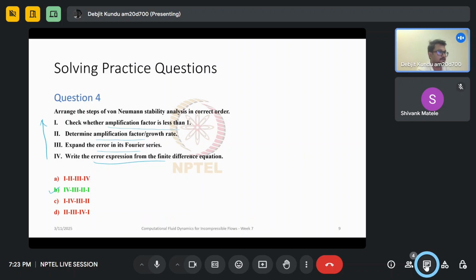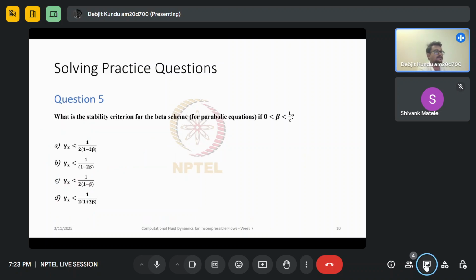Good. Now, next question. Question 5 is asking us what is the stability criterion for the beta scheme for a parabolic equation? So, parabolic equation, I'll write some. This is an example of a parabolic equation.